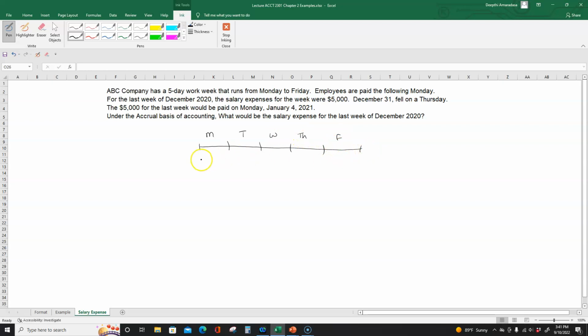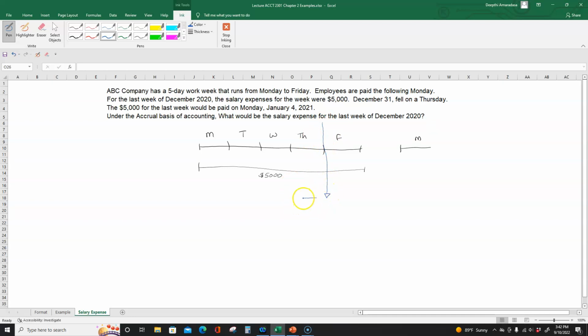And then for whatever work was done this week, the salaries for that week are $5,000. That $5,000 will get paid the following Monday. They're telling us that the last week of December 2020 ended on a Thursday. So it ended on a Thursday right here.